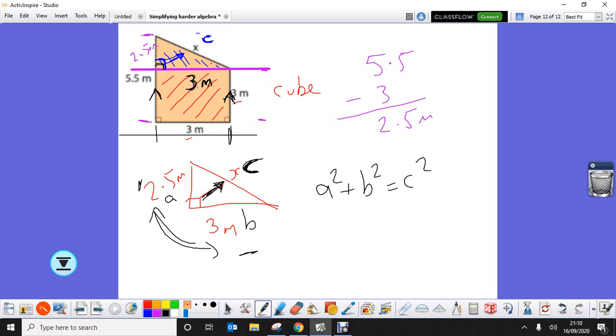Okay, so a, substitute the value in, 2.5 squared. B, 3 squared. C, we don't know what it is, so we're going to call it x squared because they're labelling it as x.